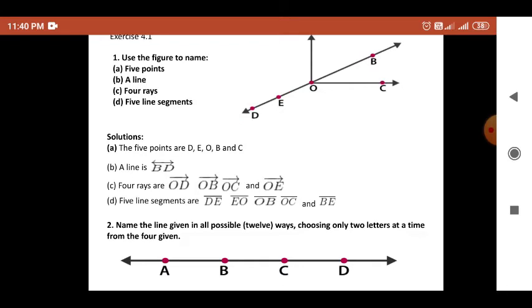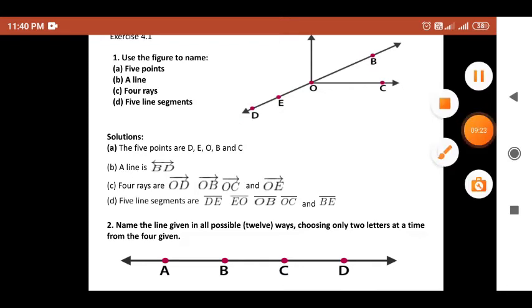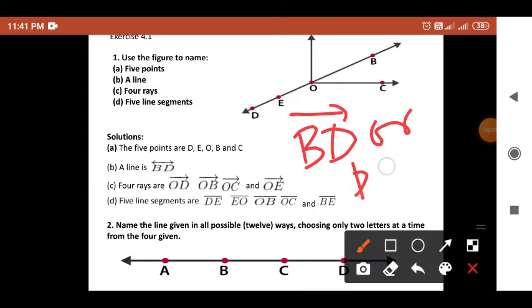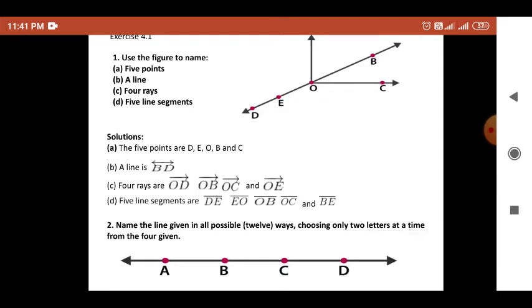So a line DB or BD, but the arrow mark is most important. Both sides you have to write the arrow mark. If you write the arrow mark on both sides, then it is understood it is a line. A line BD.